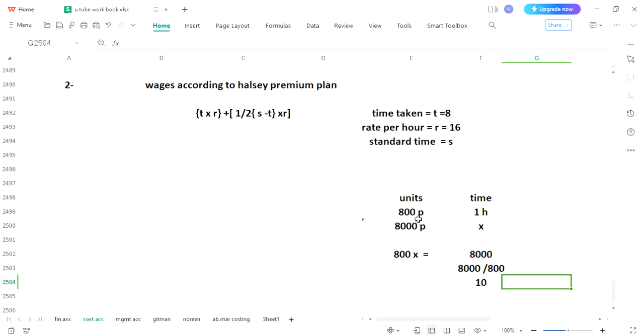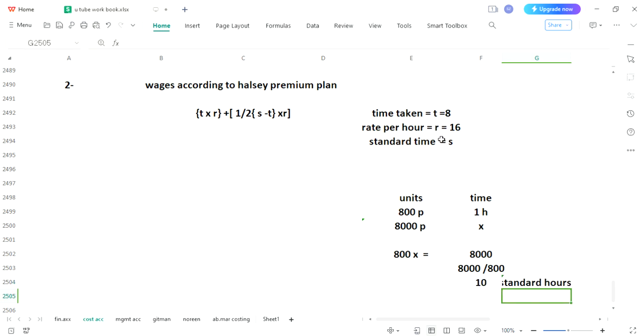Look here, 800 pieces were made in 1 hour. How many hours would be taken to produce 8,000? So we have calculated the hours, total standard hours you can call it. These are standard hours for production, and this is what we needed.